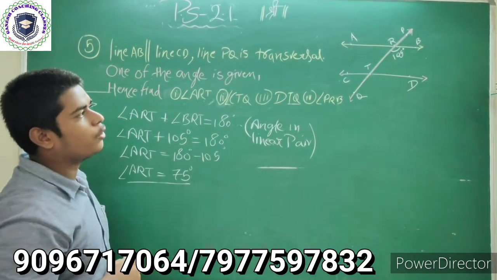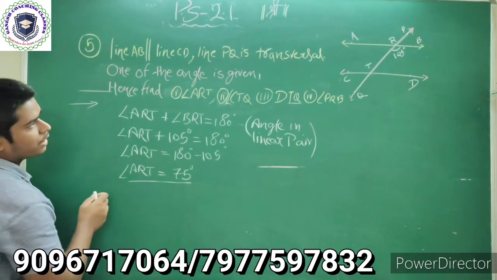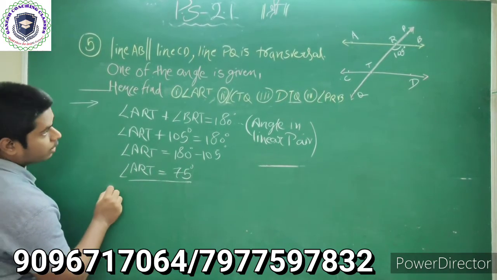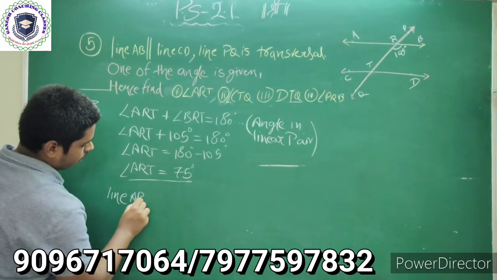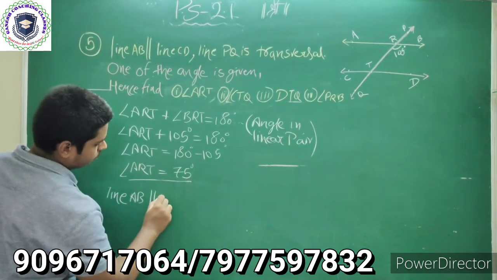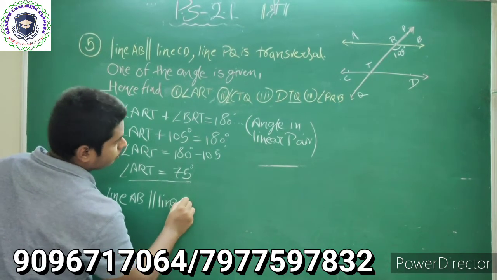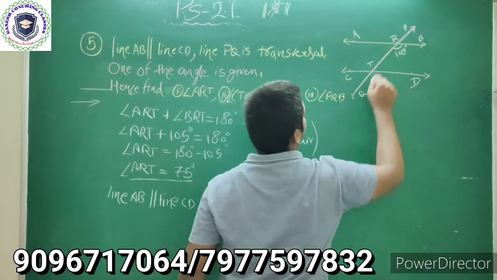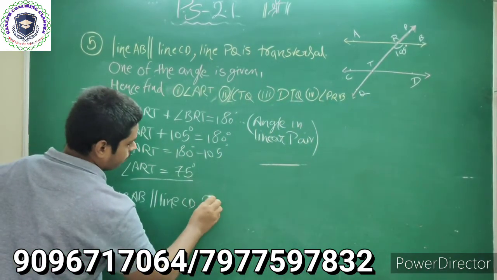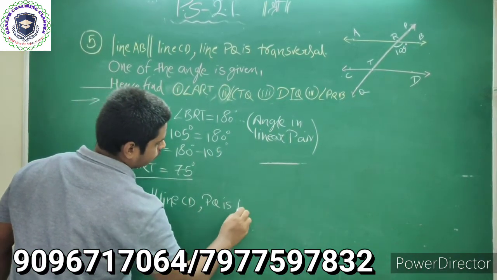For writing corresponding angles, we have to write the statement: line AB is parallel to line CD, and PQ is acting as the transversal.